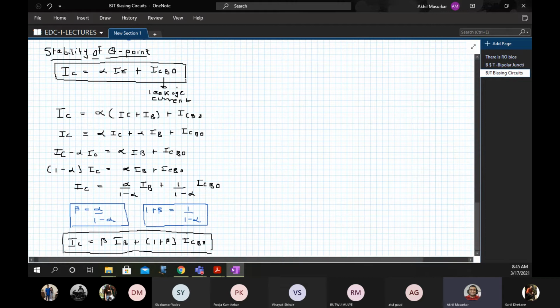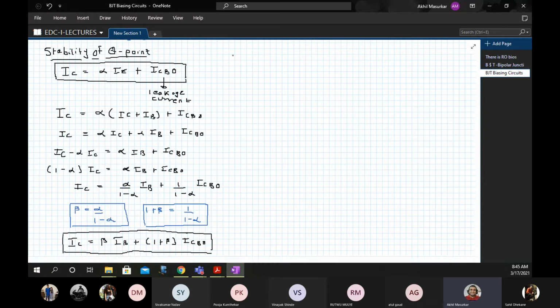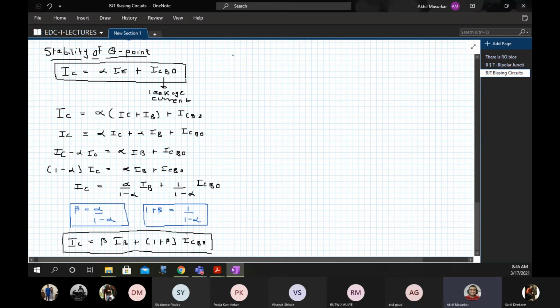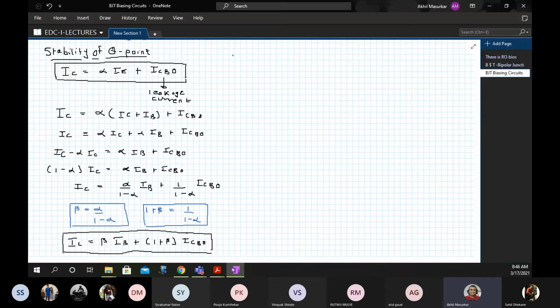Now, when it comes to stability, what is stability? By definition, stability of a system is a measure of the sensitivity of a network to variations in the network parameters.